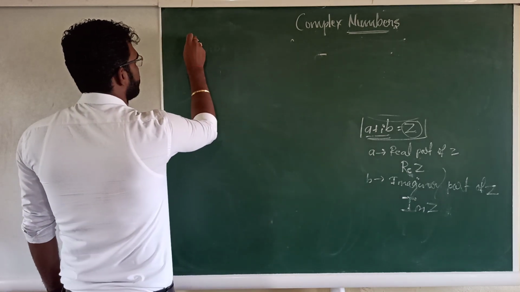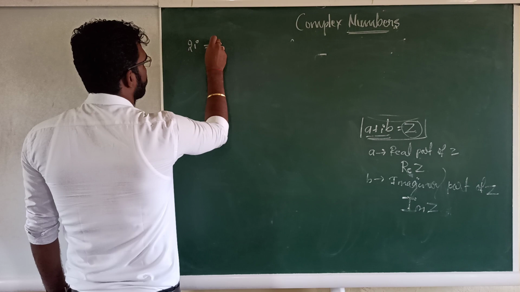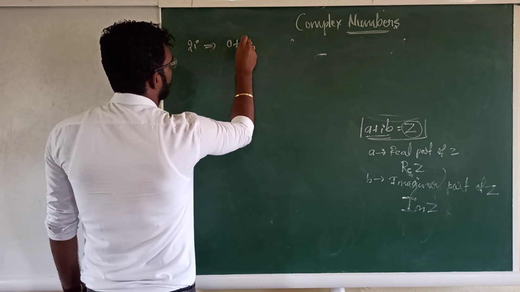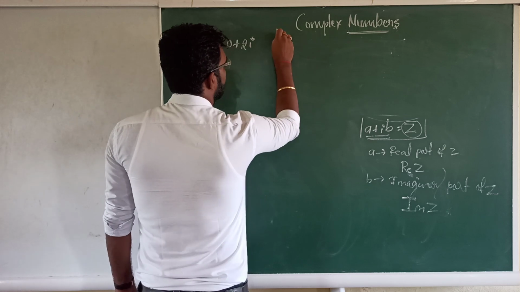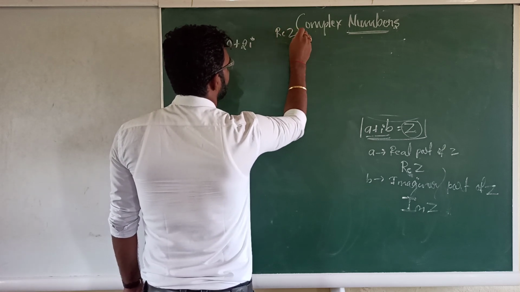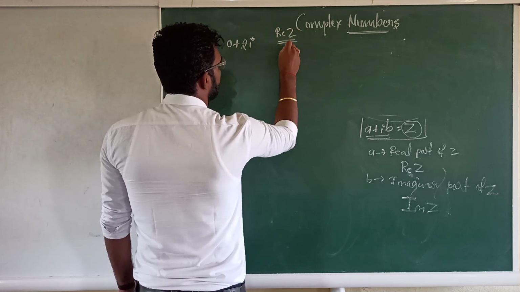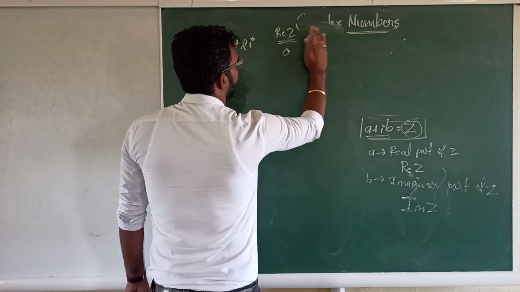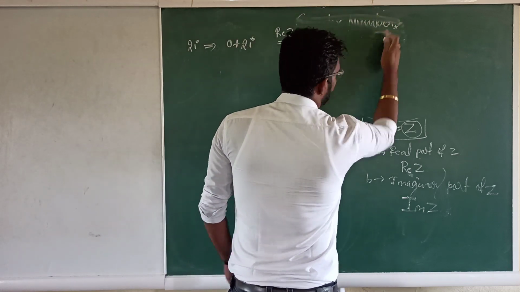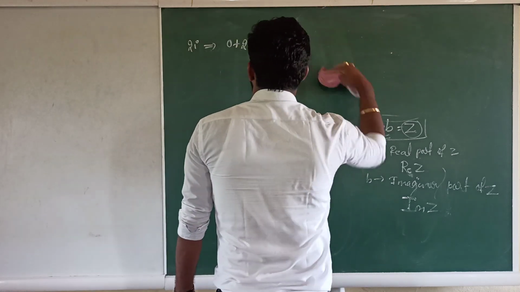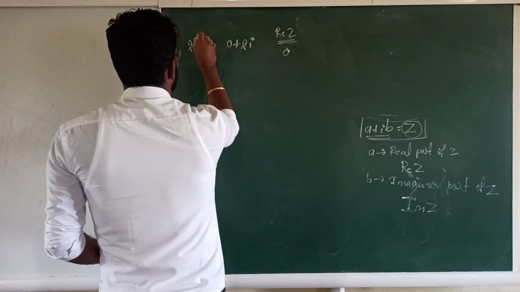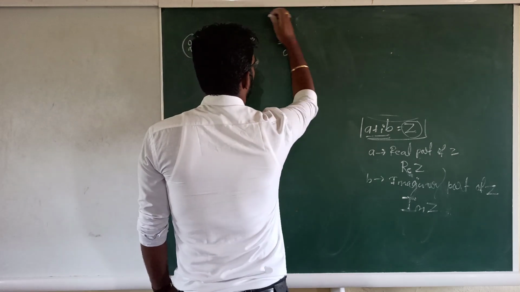If it is 2i, how are you going to write it? 0 plus 2i, right? So here what is the real part of z? 0. And what is the imaginary part? 2 here, right?